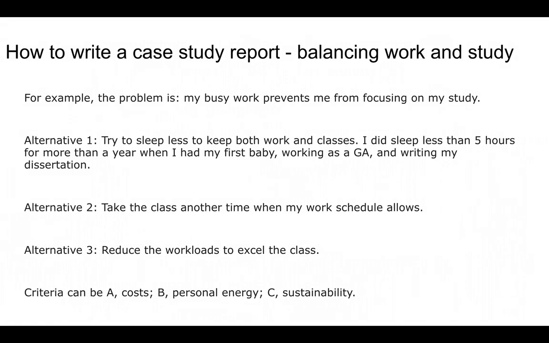And the third alternative solution could be reduce the workloads to excel in the class, or simply quit the job, right? So then you can be a full-time student to focus on your class. Remember, when we talk about quitting the job, you should see it from the opportunity cost lens, because when you enter into a classroom, you need to pay for it.